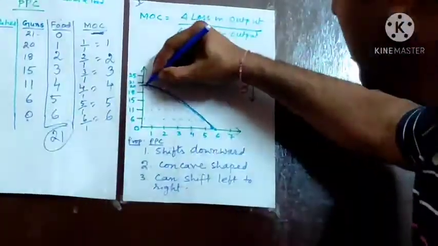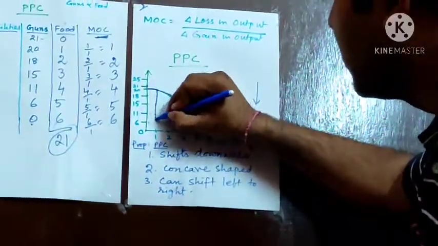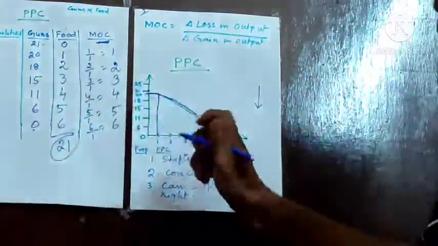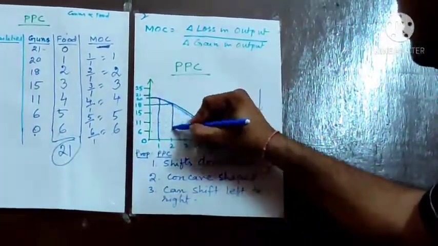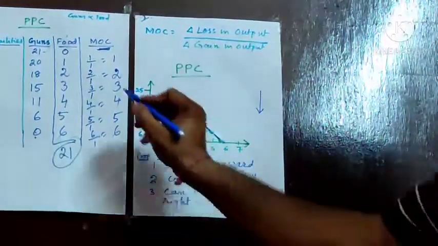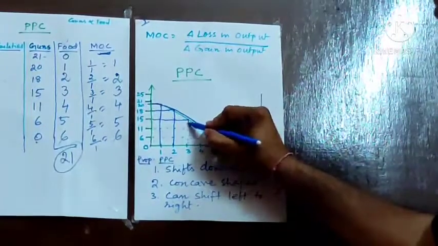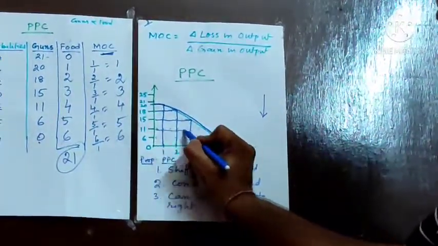20, I have brought it to unit number 1. I have drawn this curve. I have made it over here. Reduced by 2, over here it came to 18. Again, I have brought it to the second. 15 related to 3, I have brought it and made it with 3. 11 is 4.